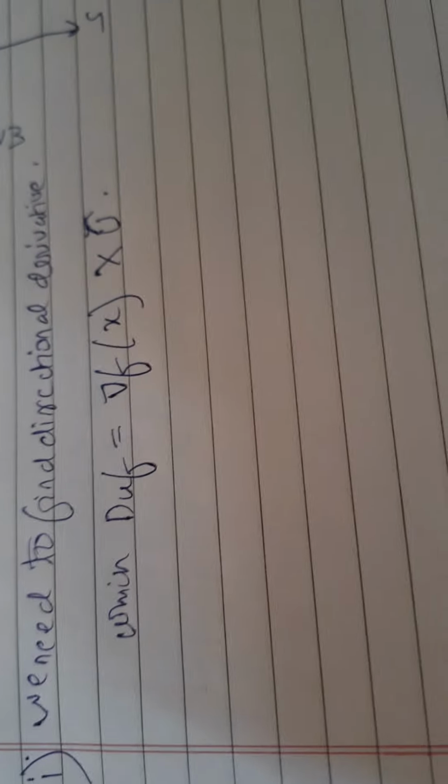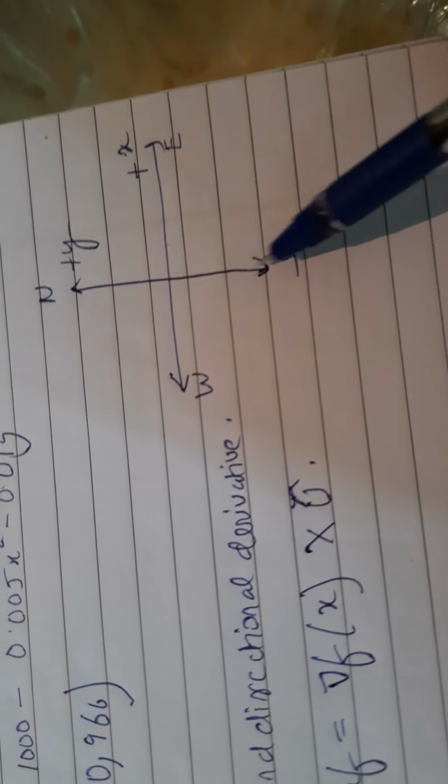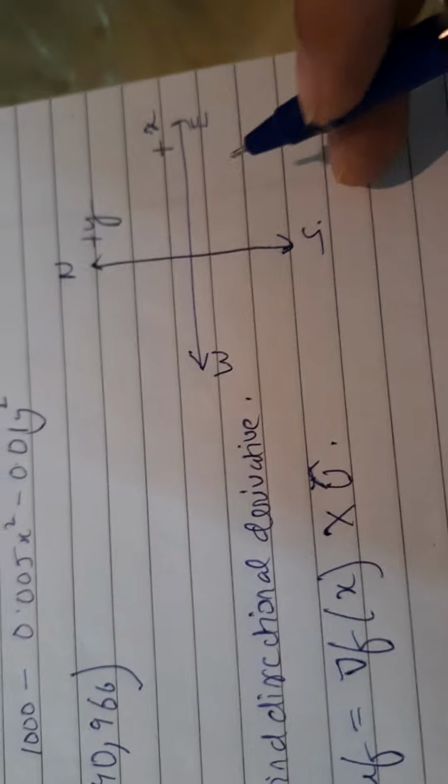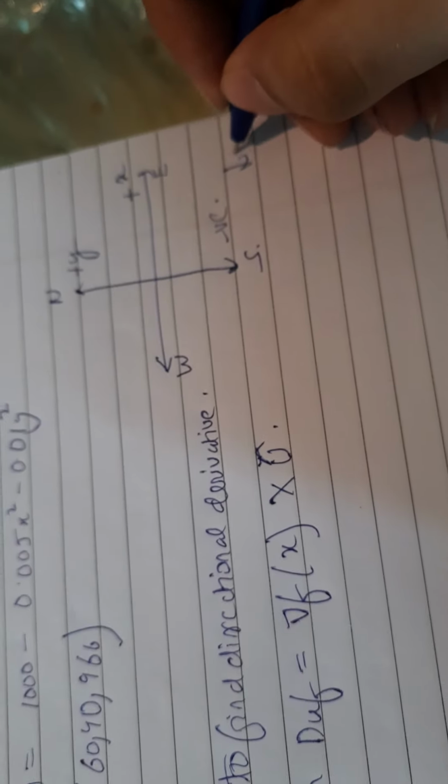Here, north is positive, so south will be negative, in the minus j cap direction.